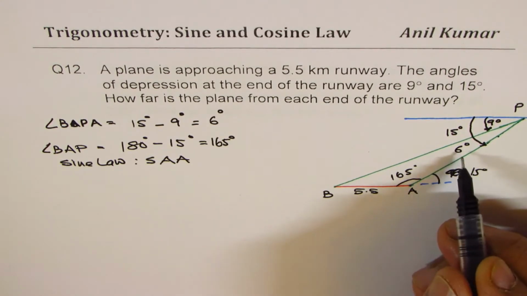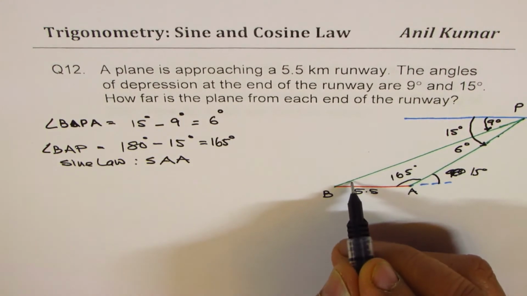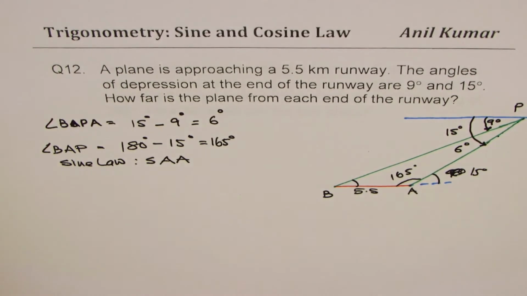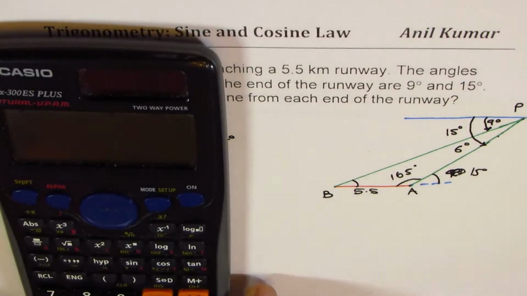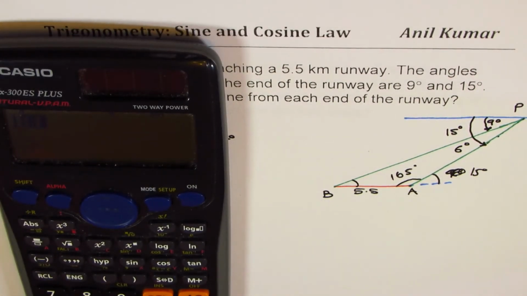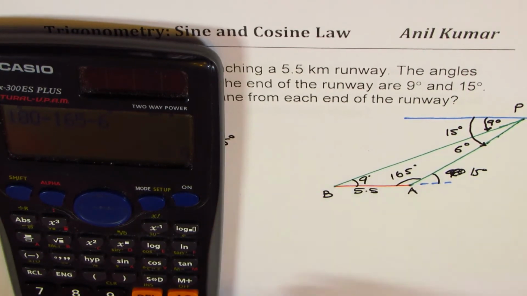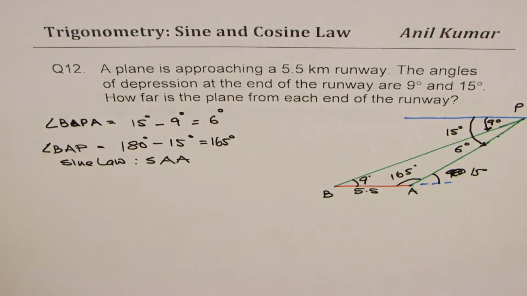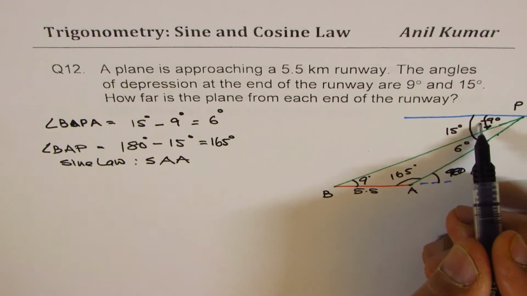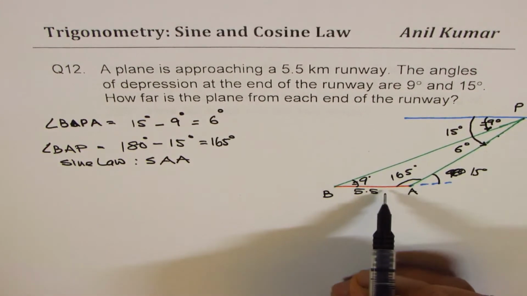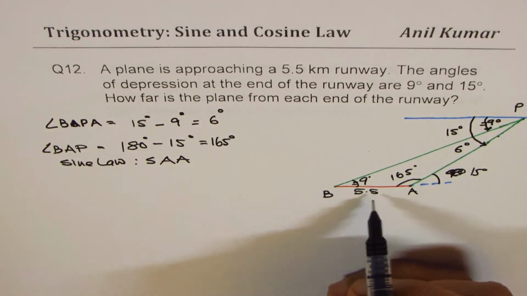Once we know two angles, we can also find the third angle. So 180 minus 165 minus 6 gives us the third angle, which is 9 degrees. You could have done it with alternate angles between parallel lines also.